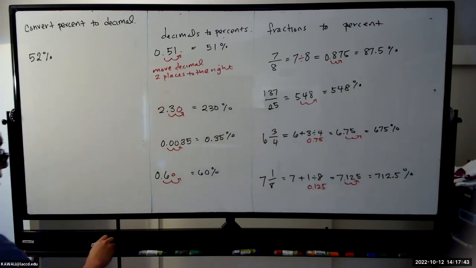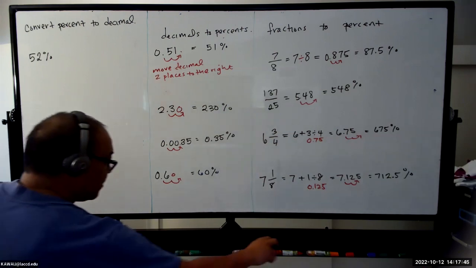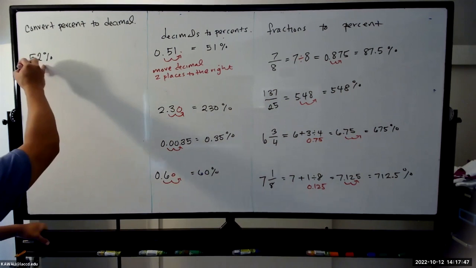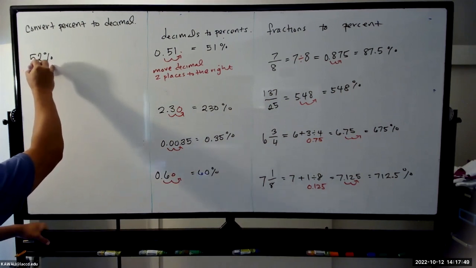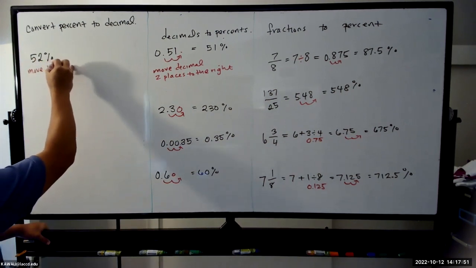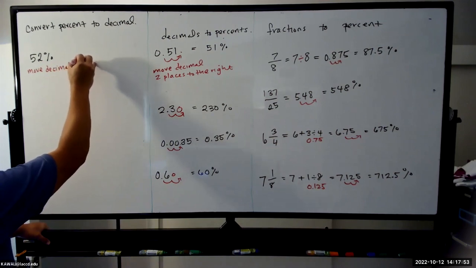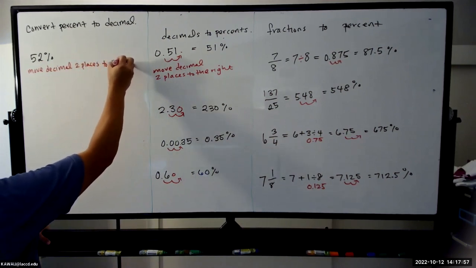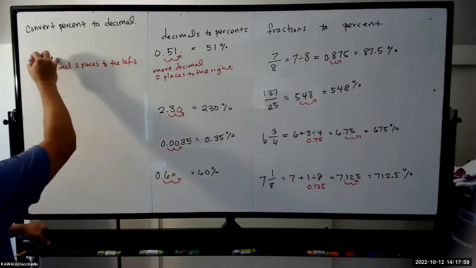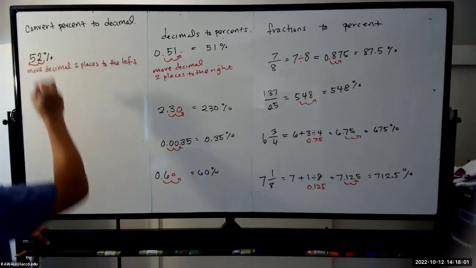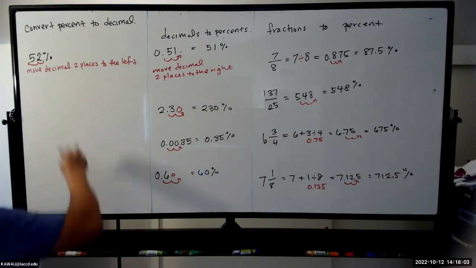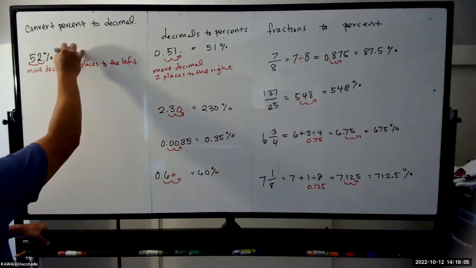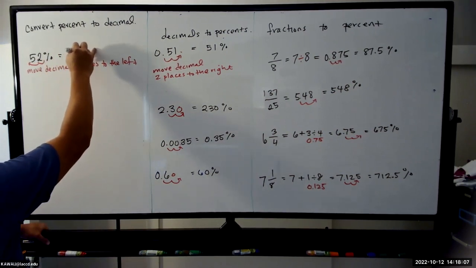We're going to move the decimal 2 places to the left. So you're going to move it 2 places like this. And then this will be equal to 0.52 like this.